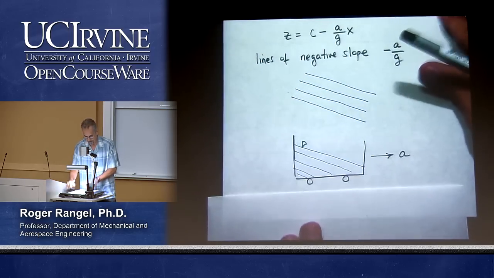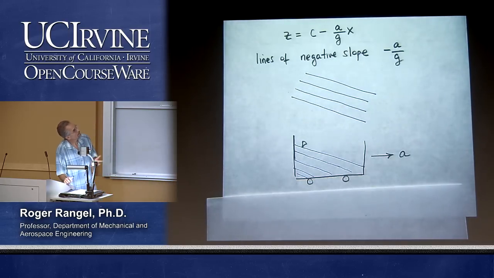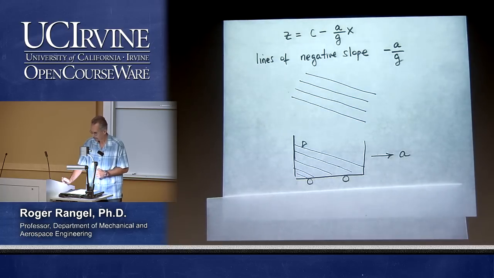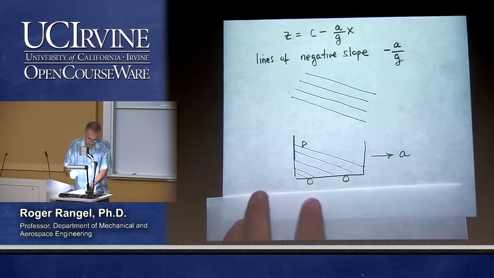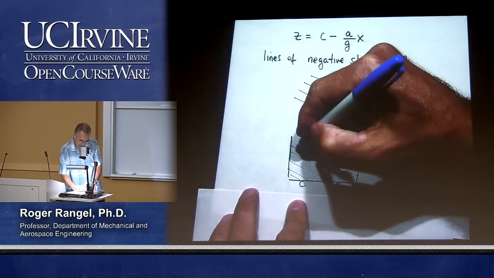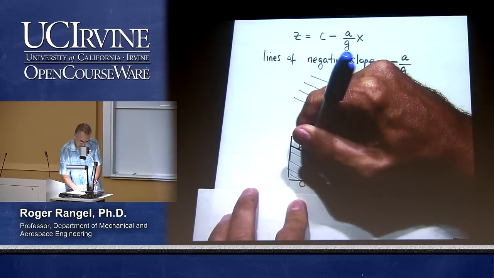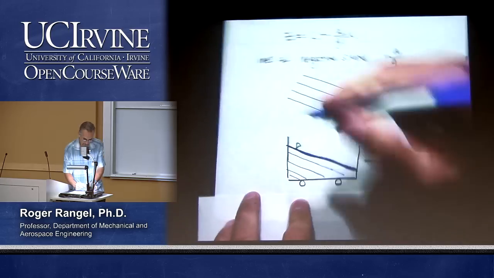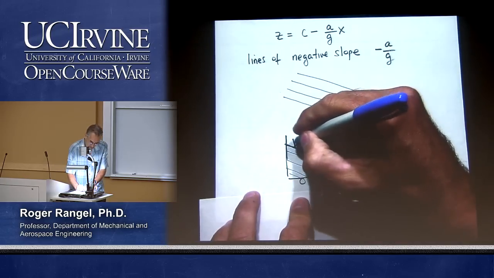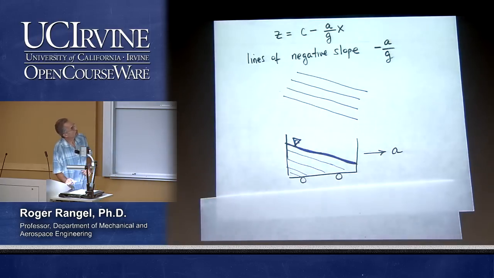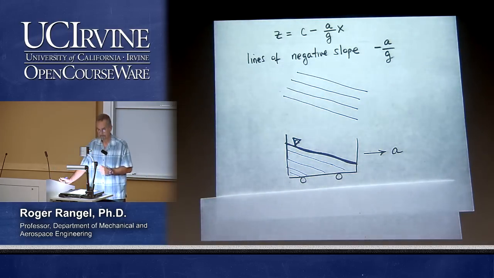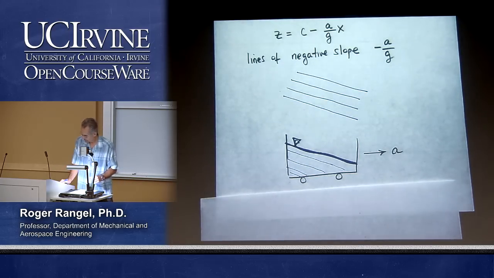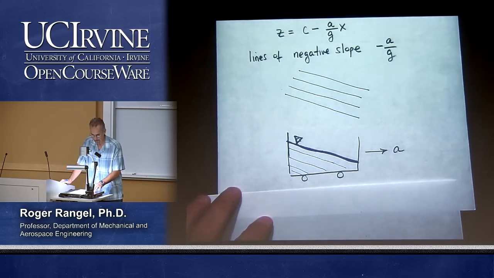So if I want to answer the original question, I might say this is what it might look like, where the uppermost line here, let's make it a little thicker, represents the free surface. So we put our little triangle there to denote the free surface. That's the shape the liquid would take if the tank is moving to the right with a constant acceleration a.